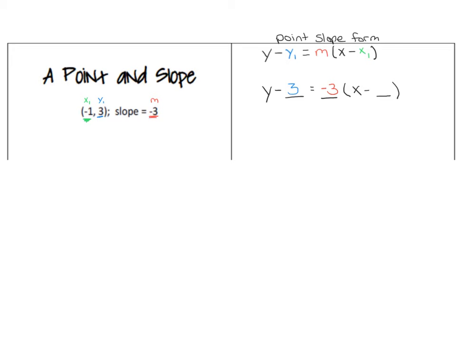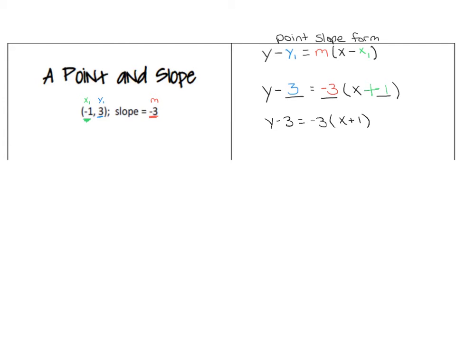But if I'm subtracting -1, remember that's just the same as adding 1. So my equation in point-slope form is y minus 3 equals -3 times x plus 1.